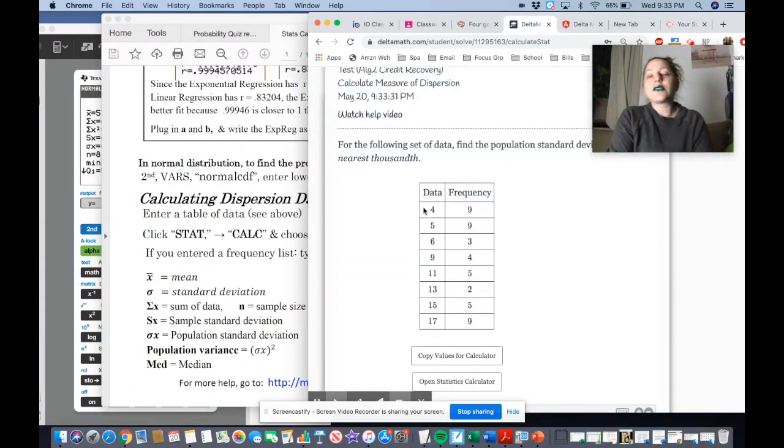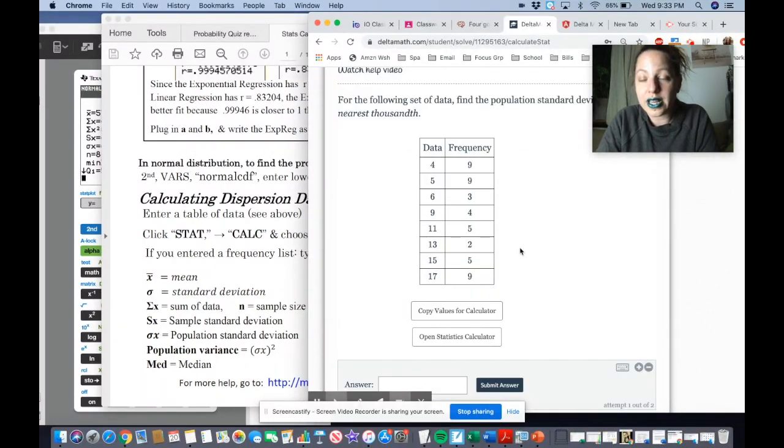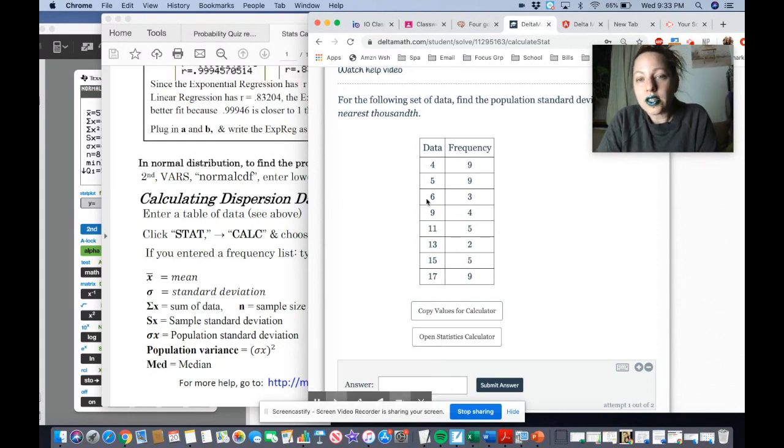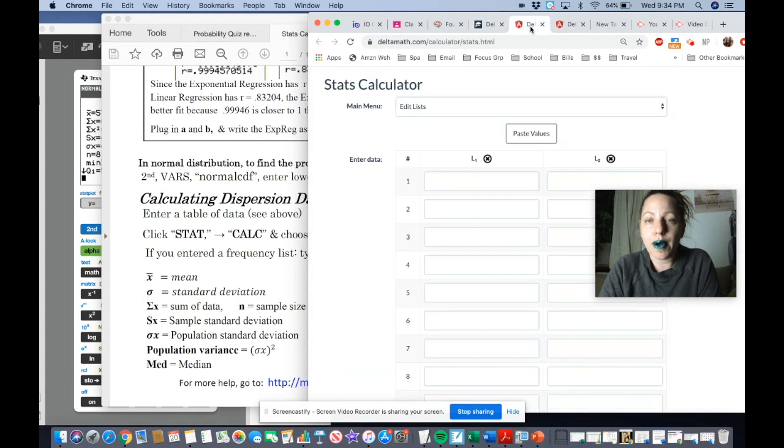Okay. Measures of dispersion. So the first way I'm going to show you how to do it is with the calculator in Delta Math. What's awesome is that it copies everything for you. The first thing you want to do is copy all of this data. So we can just hit copy values for calculator and then open statistics calculator. And it popped up right here.